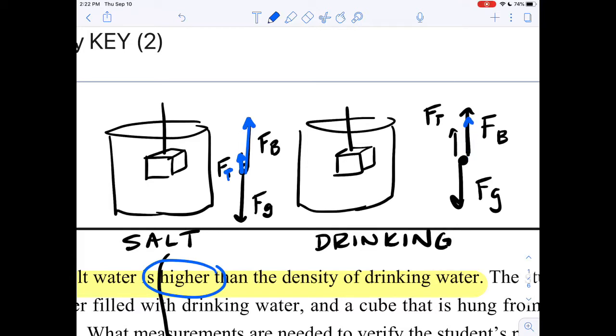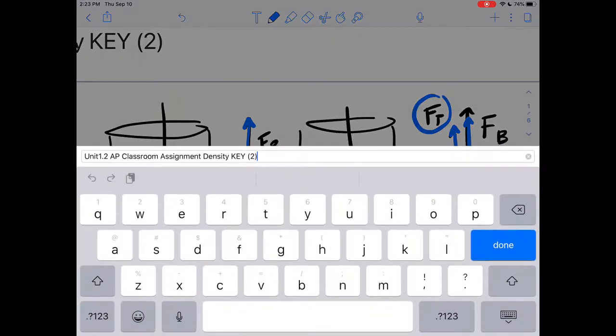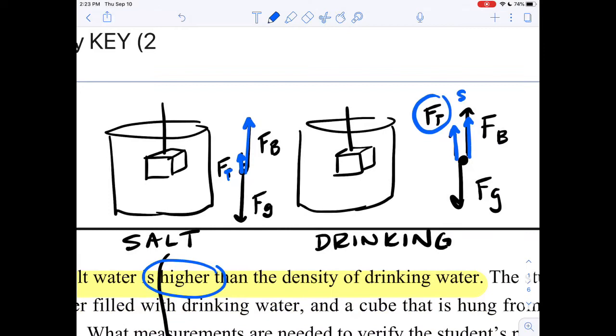The buoyant force is less, which means that the tension force, or what the scale reads, is more. So again, this tension force is what the scale reads.